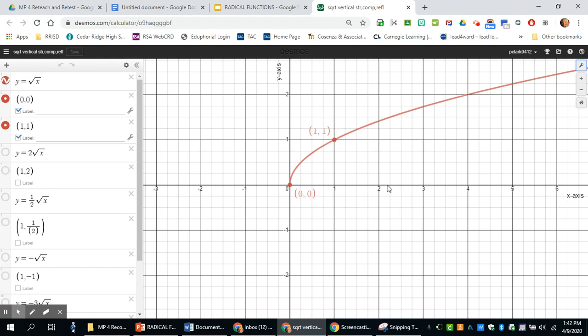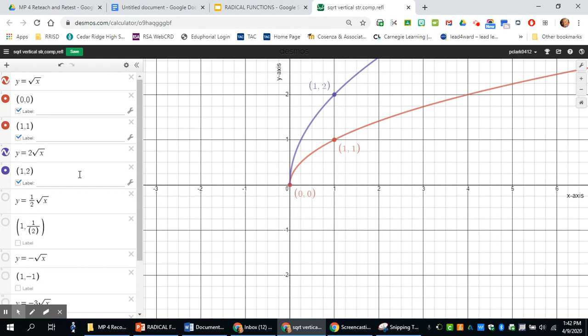Now, how does this graph change if we do a vertical stretch of 2? Well, let's take a look. Here we go. Now, the one thing I want you to notice is that when we do this vertical stretch, the point 1, 1 becomes the point 1, 2. That's because we took the output y, which was 1, and we multiplied it by 2.